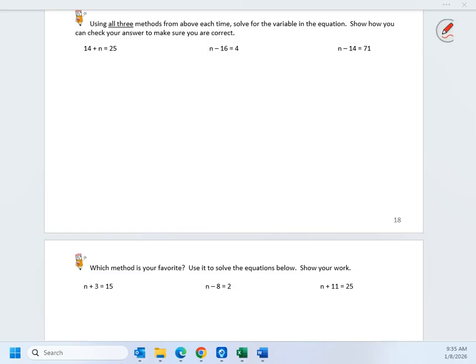Our first method is the logic question. 14 plus n equals 25. What is the logic question that we would ask ourselves? If we're going to do that mental math, what would we ask ourselves? Michael? 25 minus 14 equals what? Close. That's actually the fact family, because you're flipping it around and moving it around.